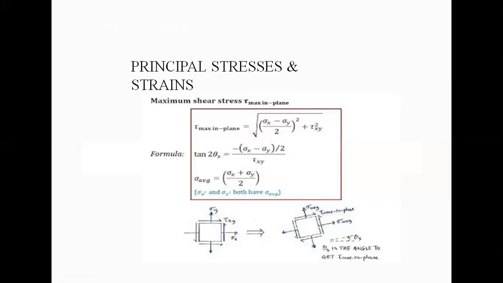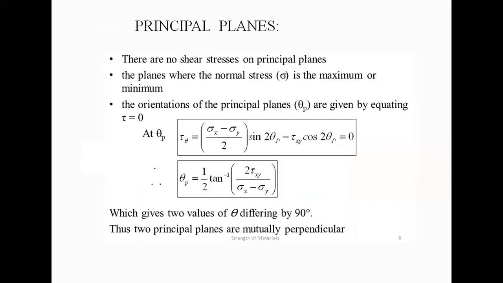This shear stress tries to tear the body, and the shear stresses act in opposite directions, whereas normal stresses are direct stresses that act perpendicular to the surface of the body. This way we can find the maximum shear stress and the inclination of its plane from the horizontal.